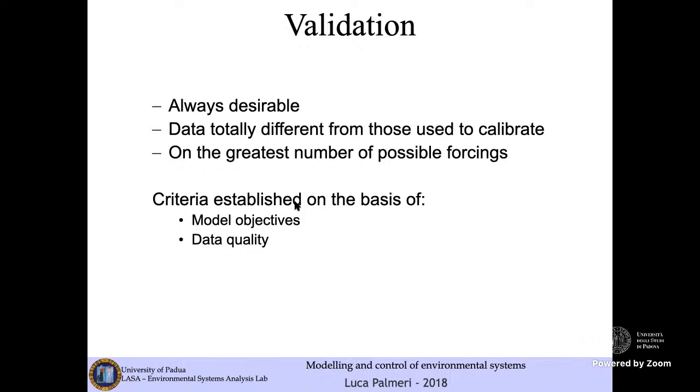Again, the criteria established for checking that the model is validated are based on the model objective, as is always the case, and in particular on the quality and on the quantity of the data that I have available.